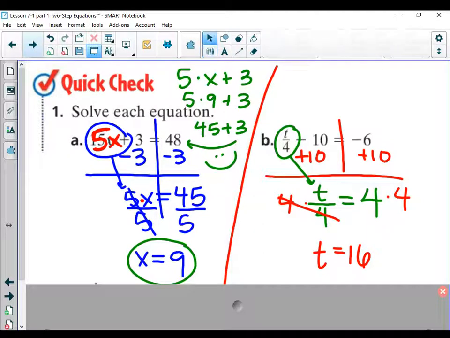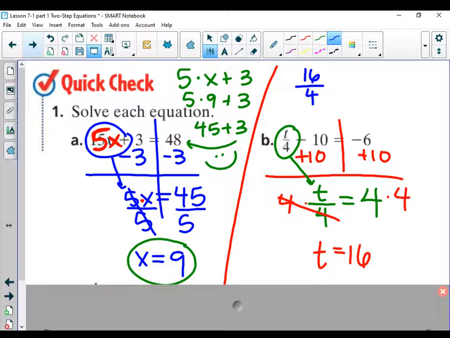It used to say t divided by 4. Now it says 16 divided by 4. 16 divided by 4 is 4, minus 10. Ooh, I'm going negative.